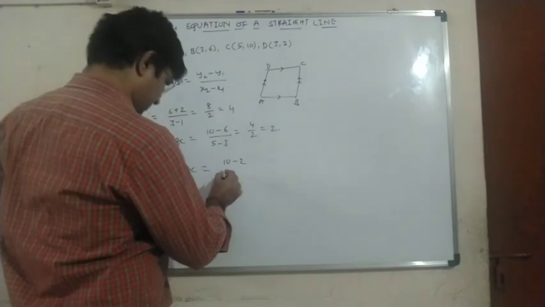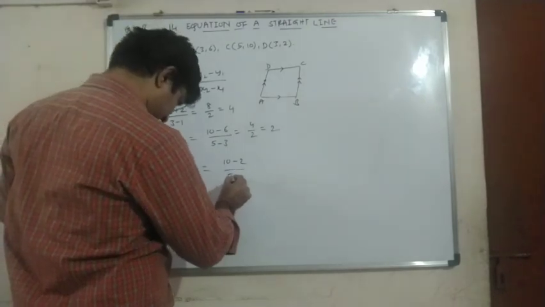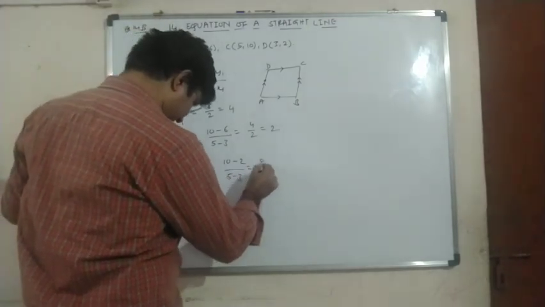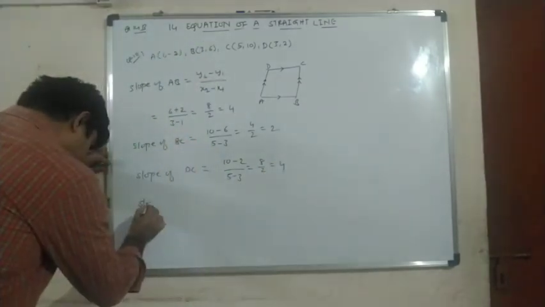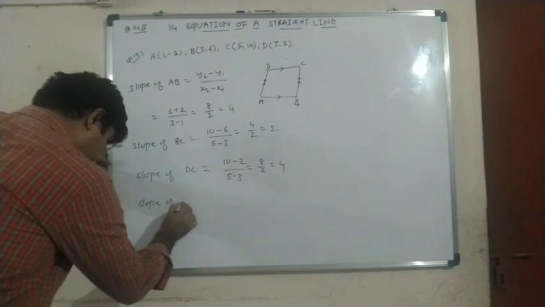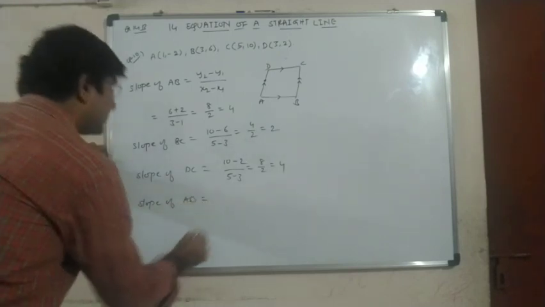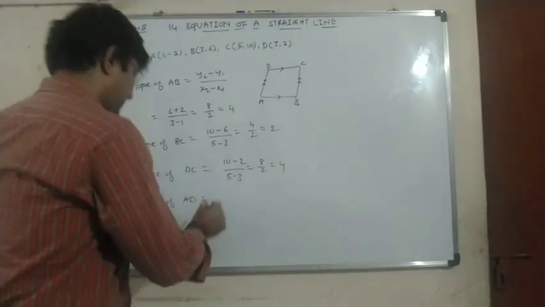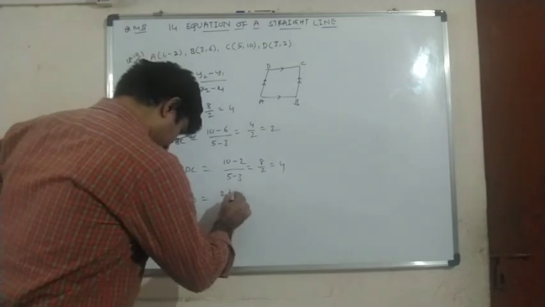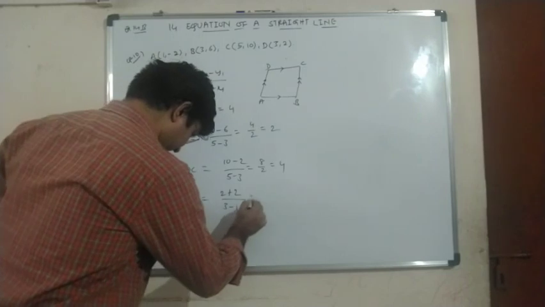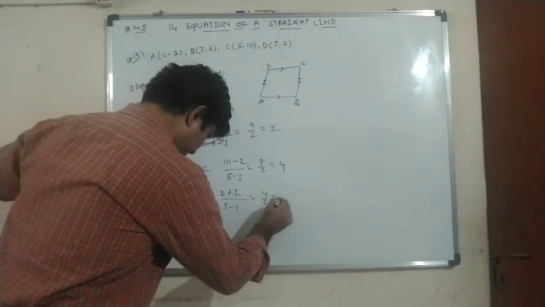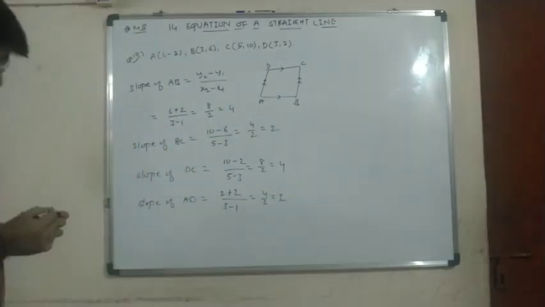So 10 minus 2 upon 5 minus 3, 8 by 2 is equal to 4, and finally slope of AD will be calculated. Okay, so 2 minus -2 upon 3 minus 1, so 4 by 2 is equal to 2.